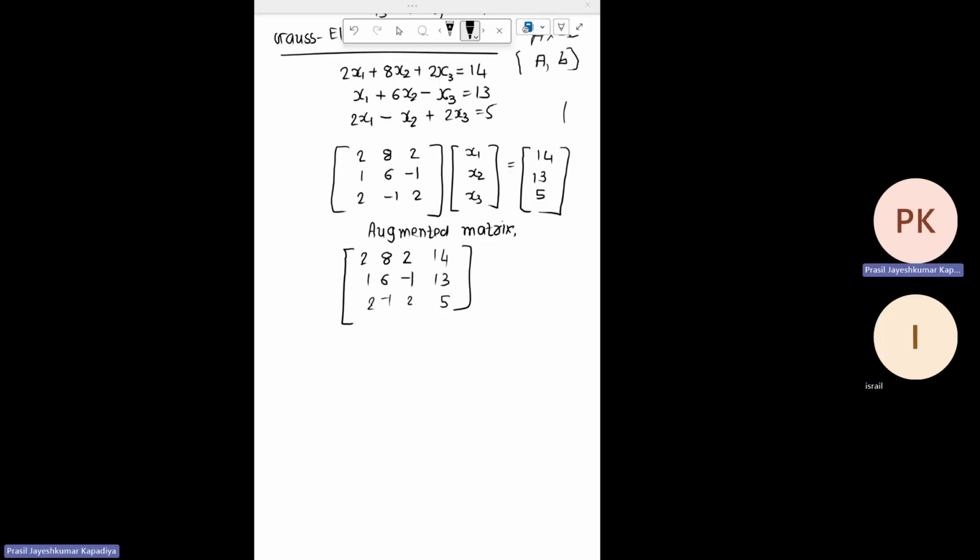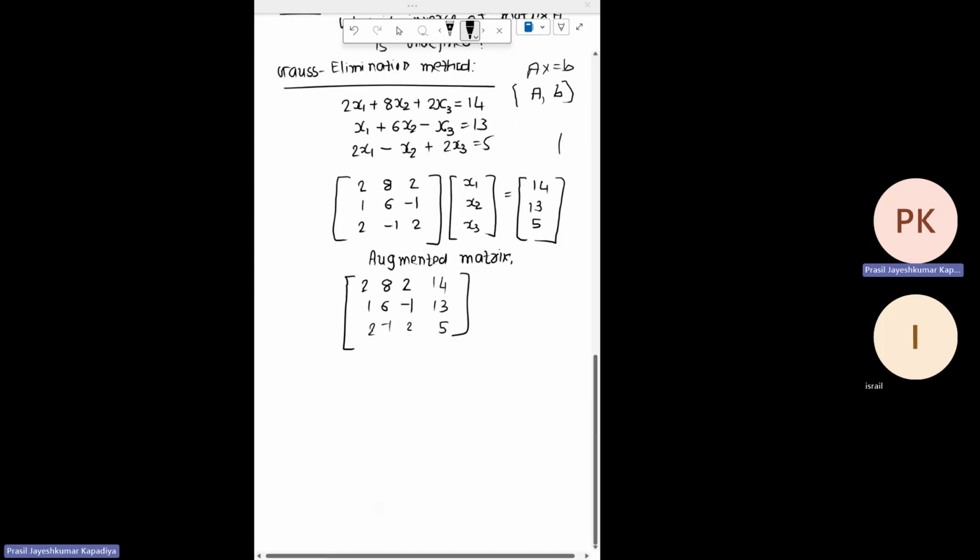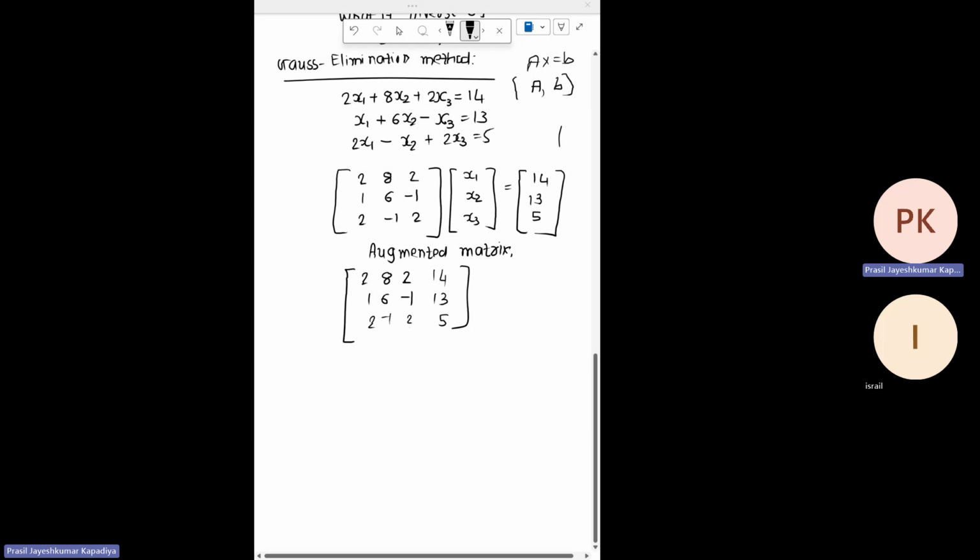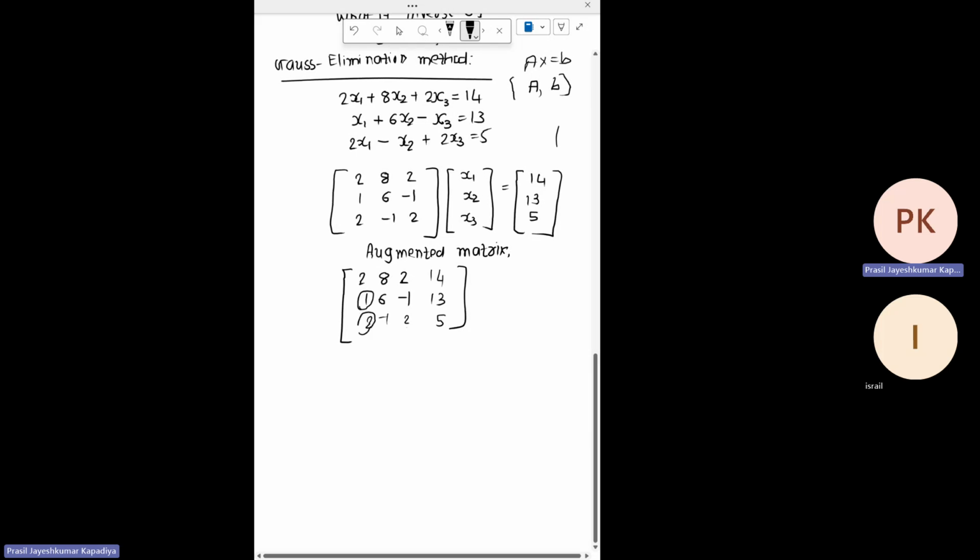Okay, so let's say I want the first coefficient in the second and third rows to be equal to 0. So how can I make this first coefficient 0? Let's write our first row as it is. How do I get 0 here? I take 1 minus the ratio 1 by 2 into 2.